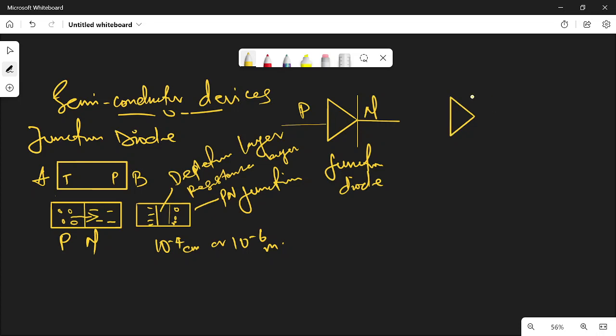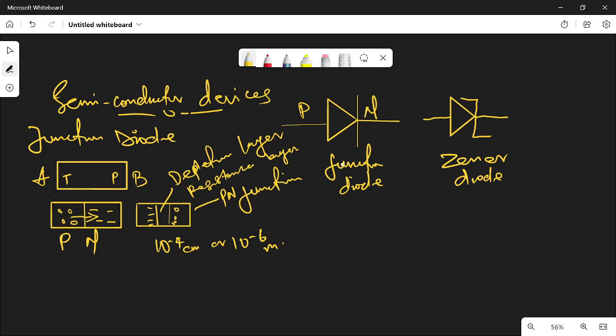Okay, so we have this. When you see this particular symbol, this one represents a Zener diode. So this is a Zener diode, and this is what? Junction diode.